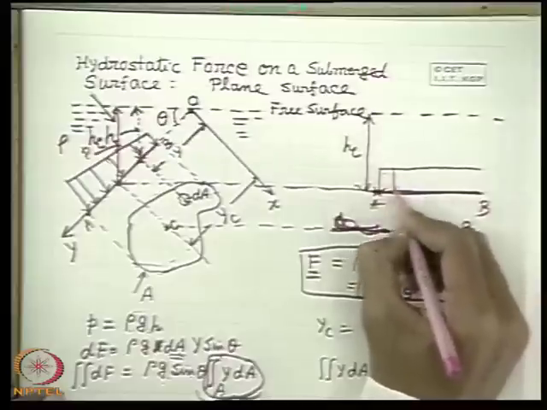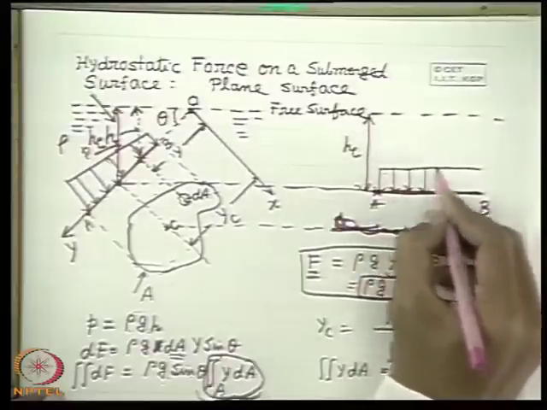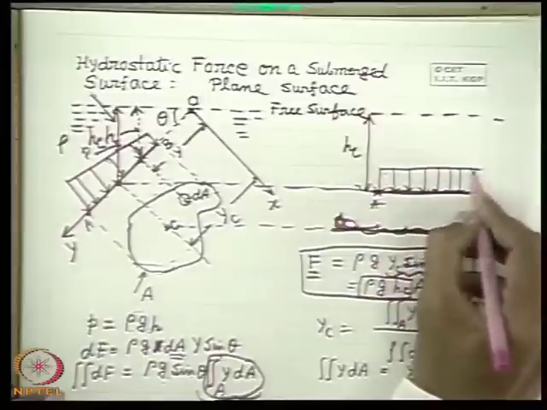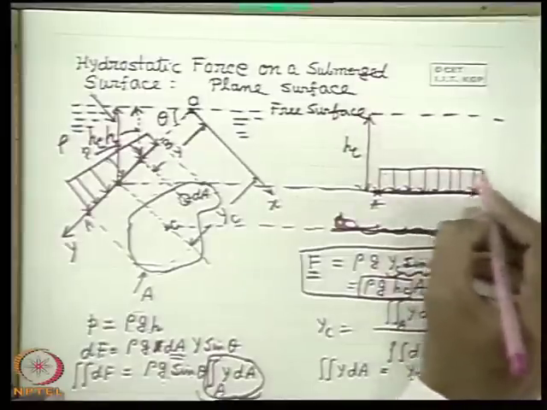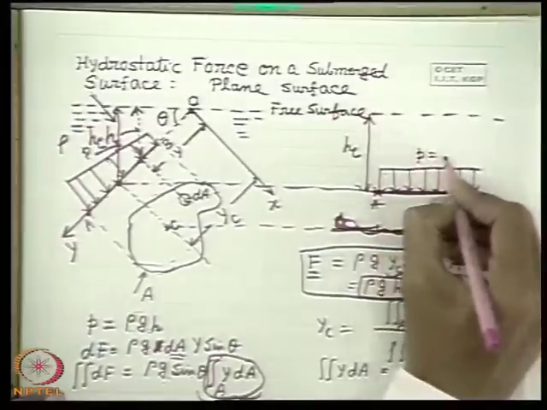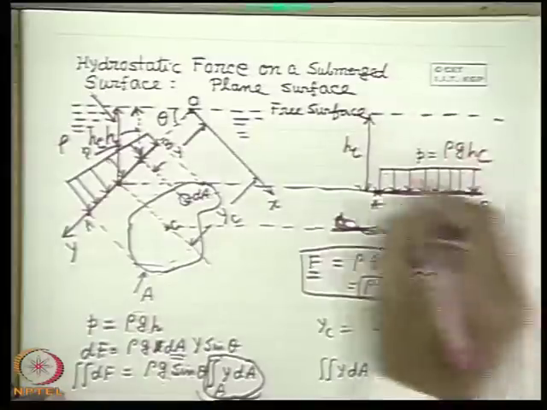The uniform pressure. In a horizontal surface, pressure at each point is uniform. This is the pressure P. So, this P is equal to rho g hc because of this depth.